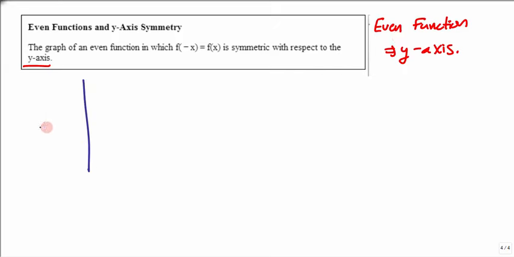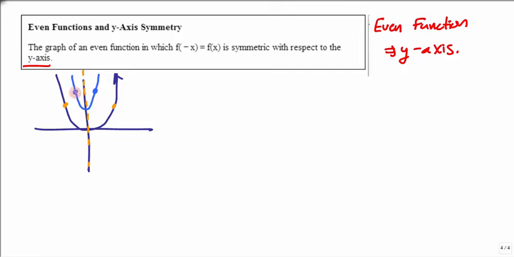So an example of something that's symmetric with respect to the y-axis would just be a nice parabola opening up. Now it's symmetric with respect to the y-axis because we can see that any point on the right reflects to the same point on the left. Now we could also have, let's say, a parabola opening up that didn't start at the origin that's also symmetric.